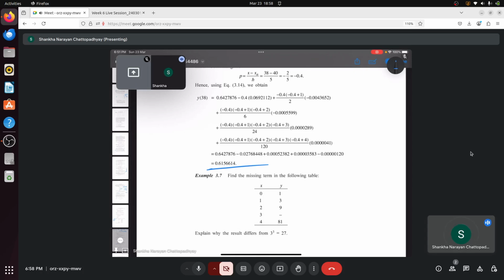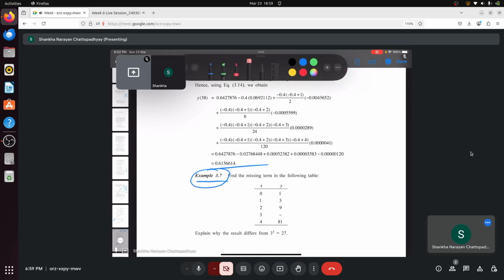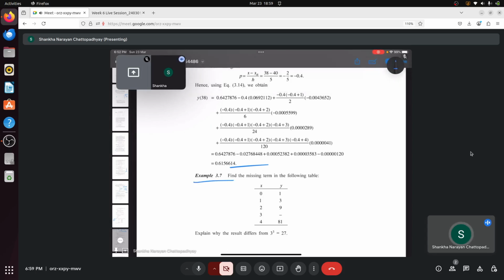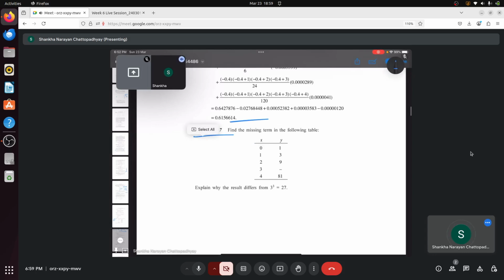Next, you need to find the missing term in the following table. So your x, y: 0, 1; 1, 3; 2, 9; 3, missing; and then 4, 81. Okay, what is happening here?